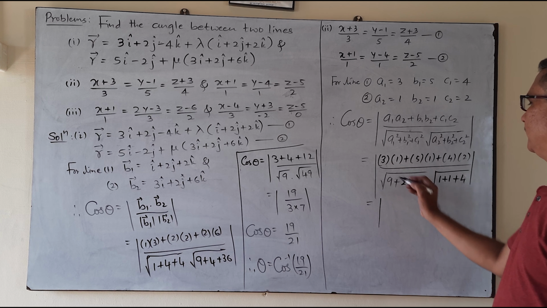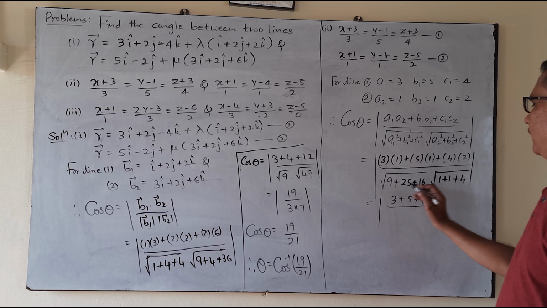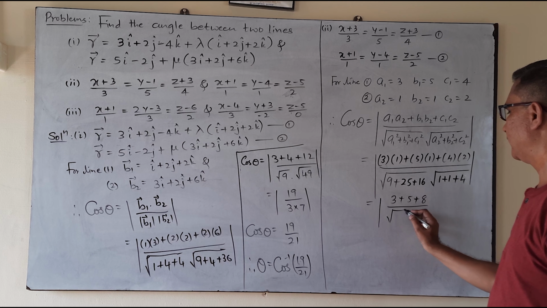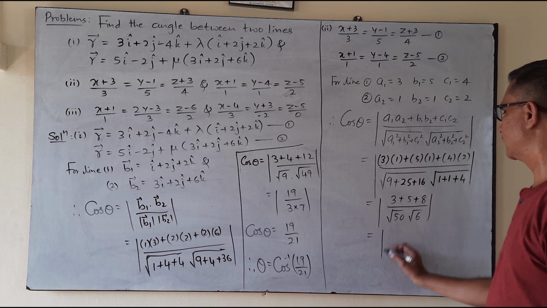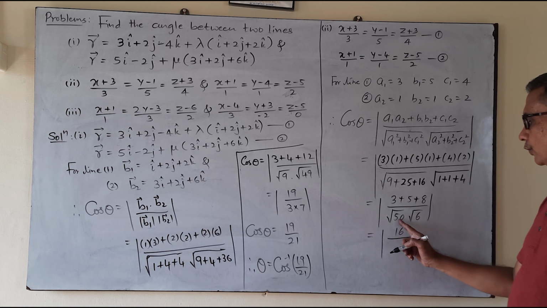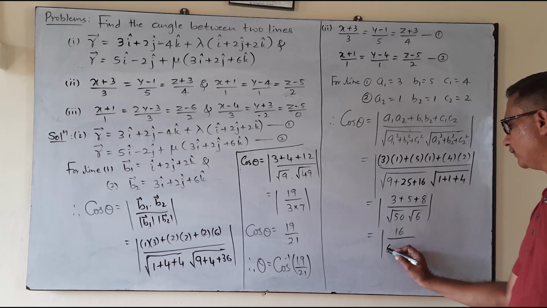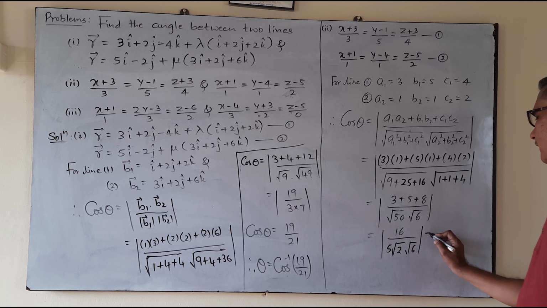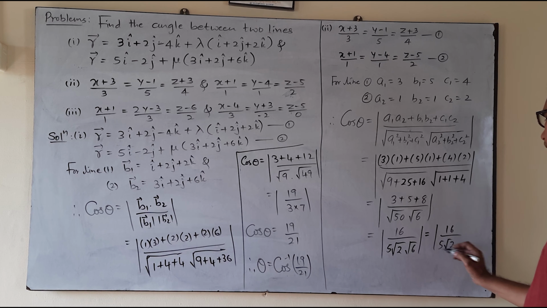Simplify: 1 into 3 is 3, plus 5 plus 8, divided by root of 9 plus 25 plus 16, that is root 50, into root 6. That equals 16 divided by root 50. 50 can be written as 25 into 2, and root 25 is 5, so 5 root 2 into root 6. Now that is equal to modulus of 16 by 5 root 2 into root 6.